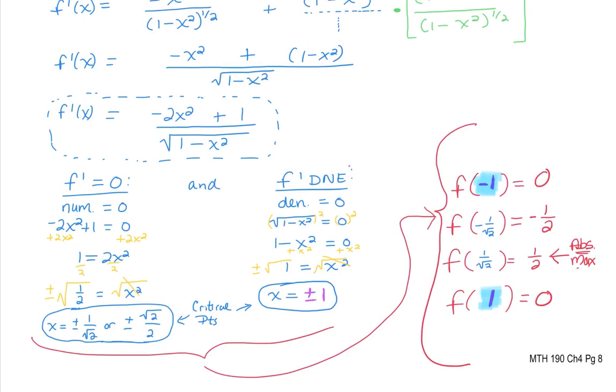And the smallest value of these four is negative 1/2, and that is your absolute minimum.